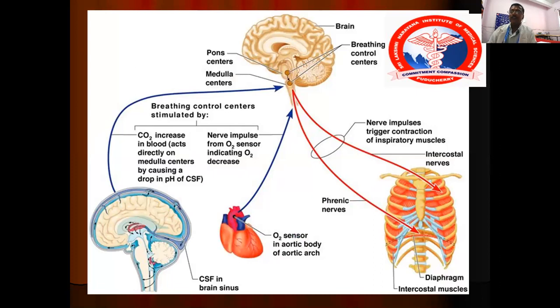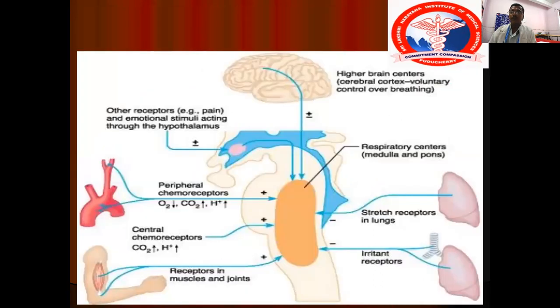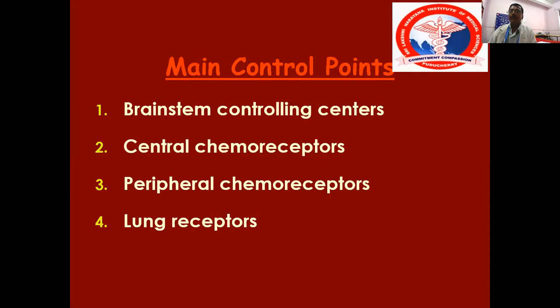If there is any alteration in the respiration, the brain immediately takes responsibility to control the respiration back to normal.